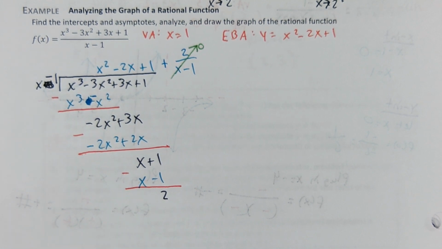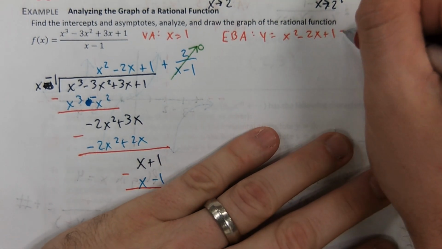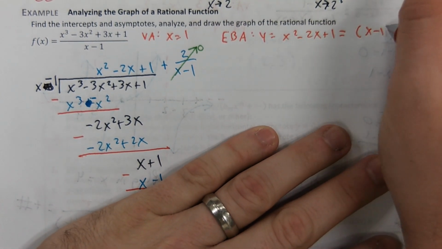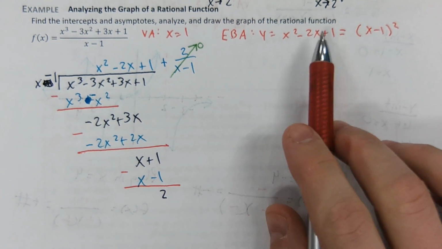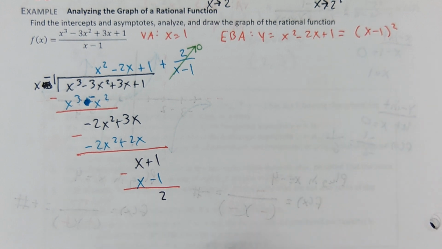And what's really neat about this quadratic in behavior asymptote is that it happens to be a perfect square trinomial. It factors into x minus 1 squared. The two numbers that multiply to 1 and add to -2 are -1 and -1. Why do we care? Because we need to be able to graph this in behavior asymptote.